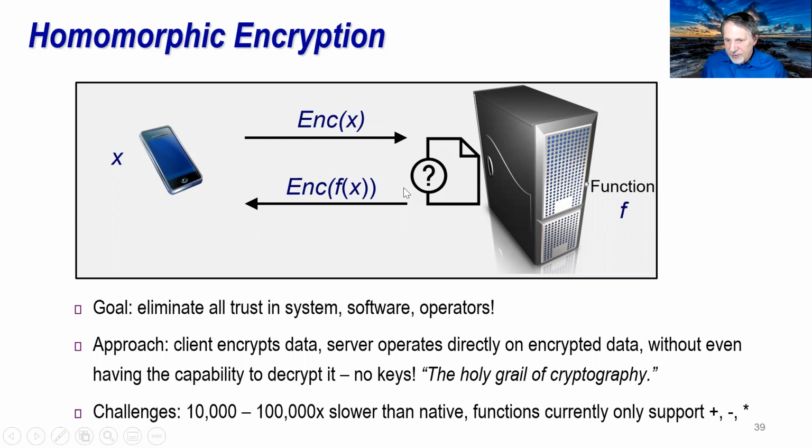So you've applied your algorithm to this data, and the result you got is encrypted. You didn't have a key. There's no plain text. It's really quite an amazing thing. And then you send it back to this user, and they can decrypt it with the original key and see the actual result that you computed. Oh, it's 2:30 in the afternoon. I see that.